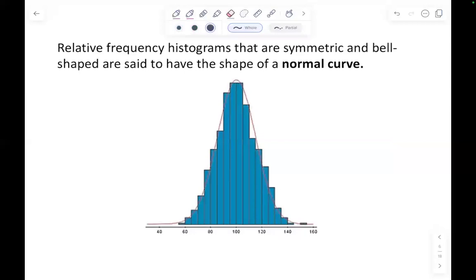So when it has this nice bell shape, we call that normal. Sorry, I know that's really not attractive. Okay, so this is a nice normal curve. Sometimes normal curves are wider, sometimes they're taller. When we get this bell shape, no matter what our bell looks like, this is called a normal curve.